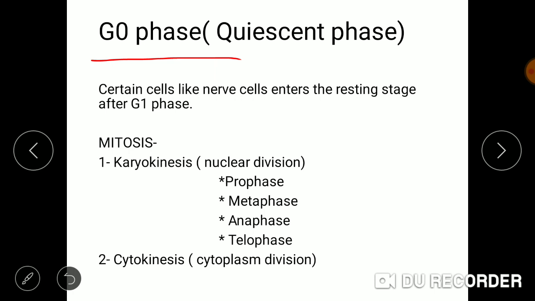What is happening in the quiescent stage is that certain cells, after entering into G1 phase, undergo certain growth, and then they directly enter into the resting stage, that is the G0 phase or quiescent phase, instead of entering into the S phase.